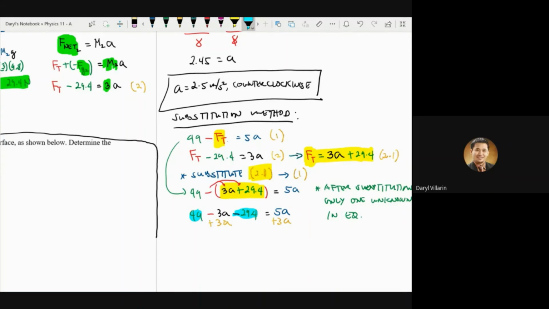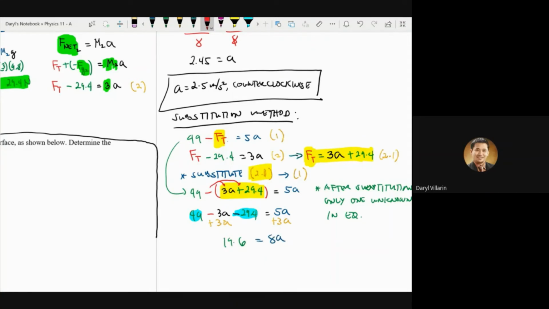They are similar terms, and only similar terms can be combined. If they're not similar, just leave it as is. So 3A and 5A are similar terms, so you can add them. 49 minus 29.4 should give you the same thing as before, 19.6. So 19.6 is equal to 8A.